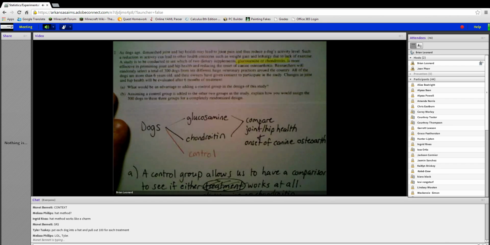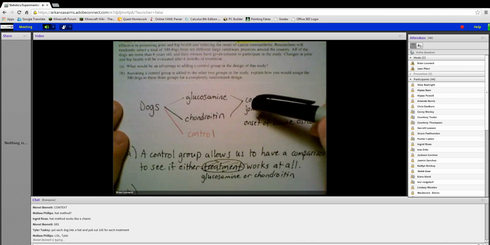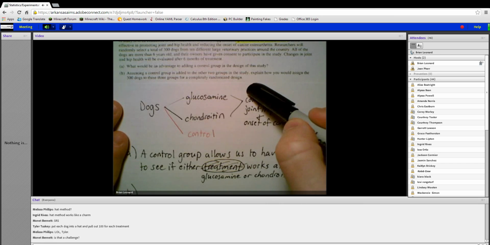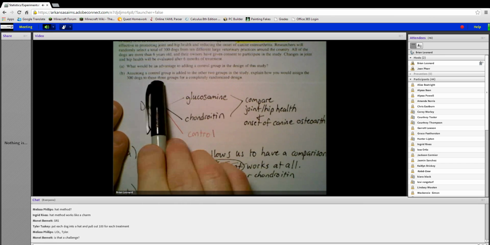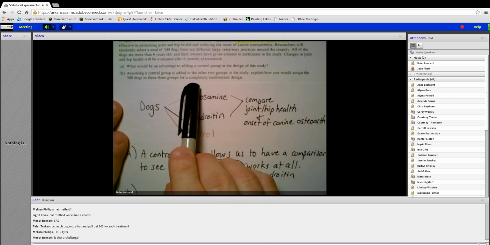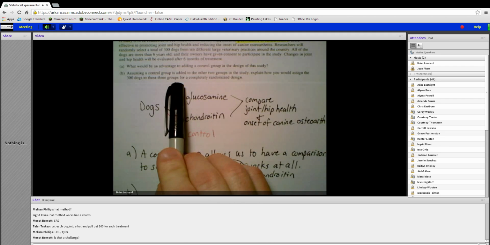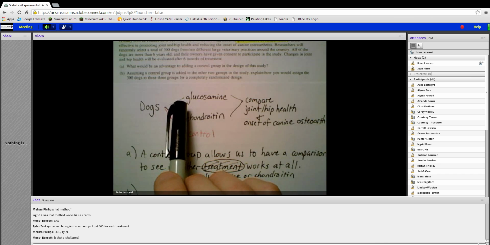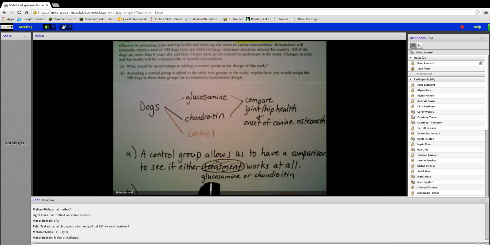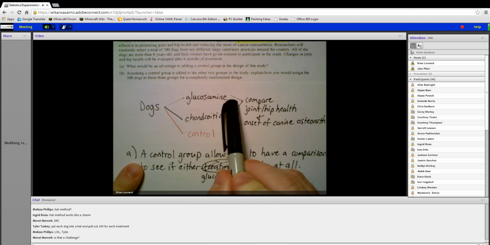Tyler, we want to make sure we put enough detail on that. So I'd want to say, I put the 300 dogs into the hat. I shake the hat around, randomly pull out 100 dogs. Those first 100 receive glucosamine. Do you see what I mean?